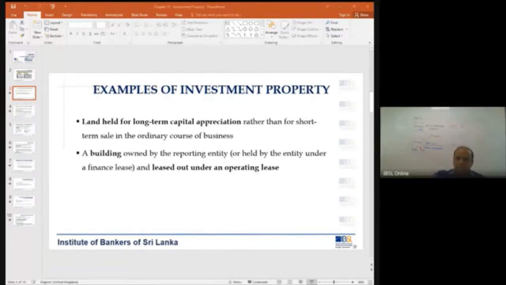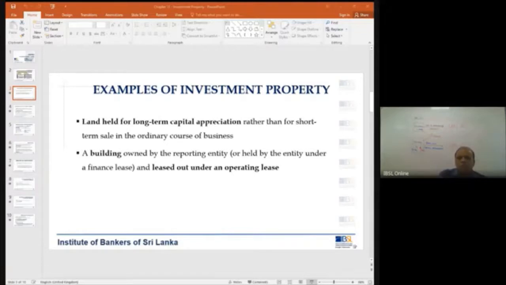They have not yet decided whether they want to put up a factory for their business, or to keep it and, when the prices go up, to sell it. Now the question is whether this could be classified as an investment property under LKAS 40 or not. That is what you have to answer.